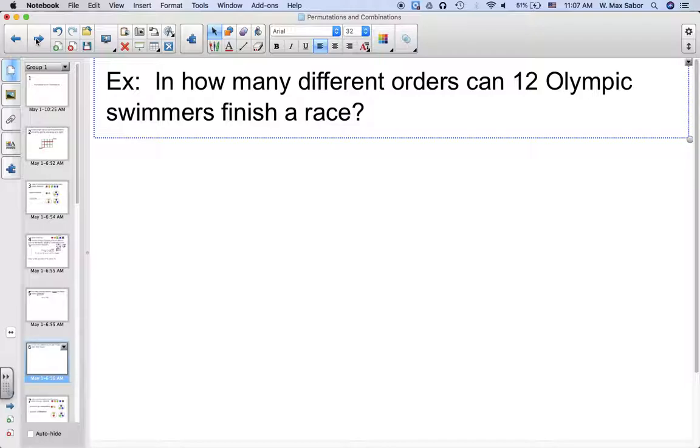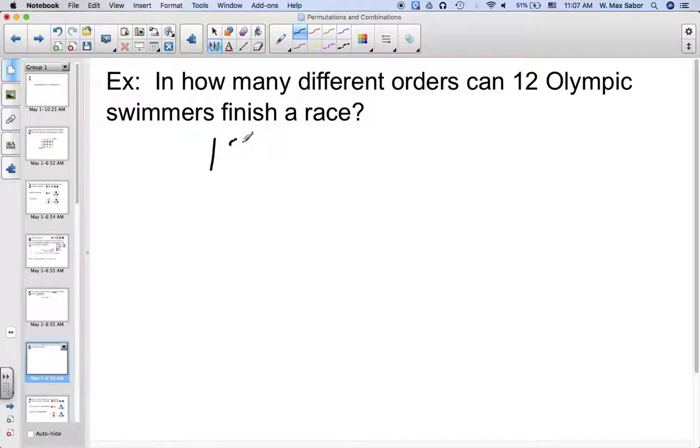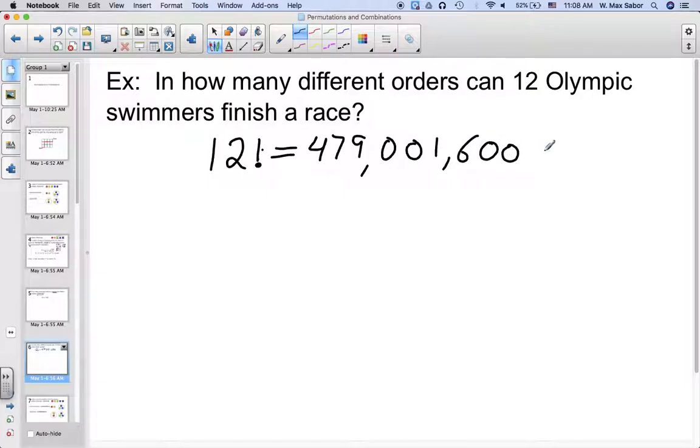All right, in how many different orders can 12 Olympic swimmers finish a race? Because we're looking at all of them, there are 12, and 12 factorial is how we're going to calculate this. 12 factorial is 479,001,600.